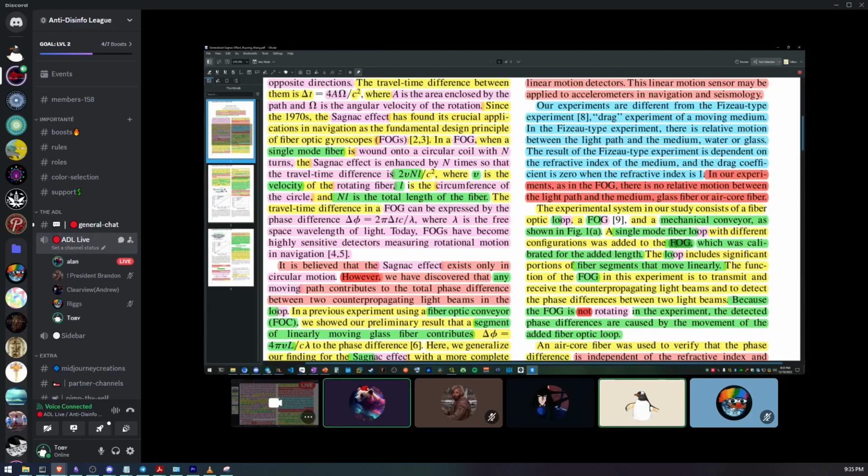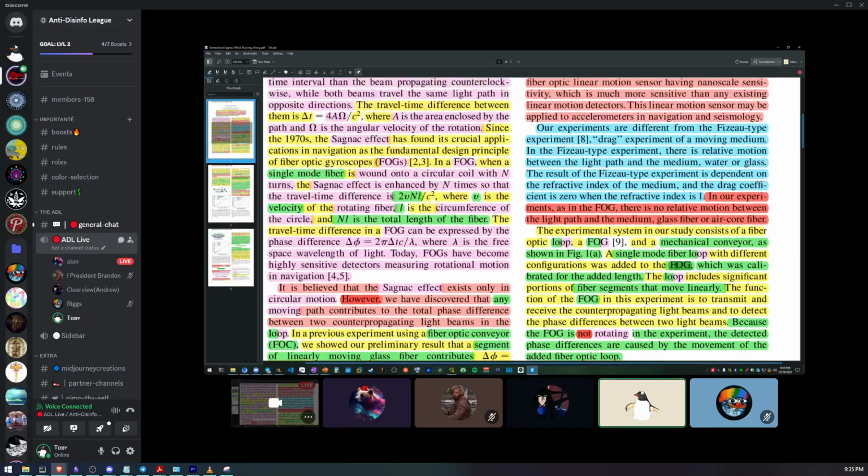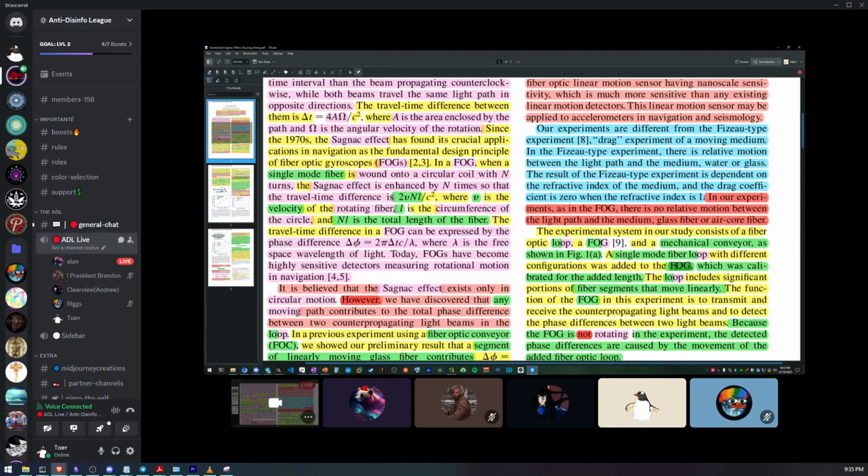So he says SR says you can measure relative linear motion, and then Wang says, in our experiments, as in the FOG, there is no relative motion between the light path and the medium, glass fiber, or air core fiber. So that's pretty straightforward. It literally says all three too.